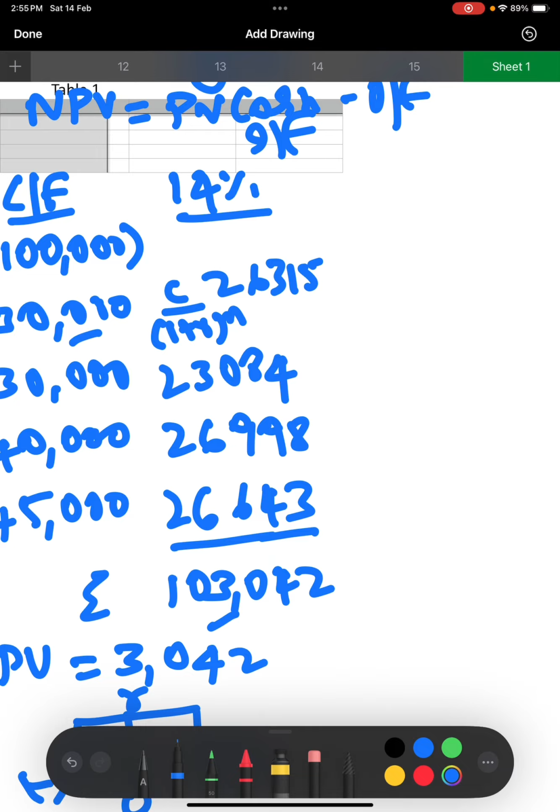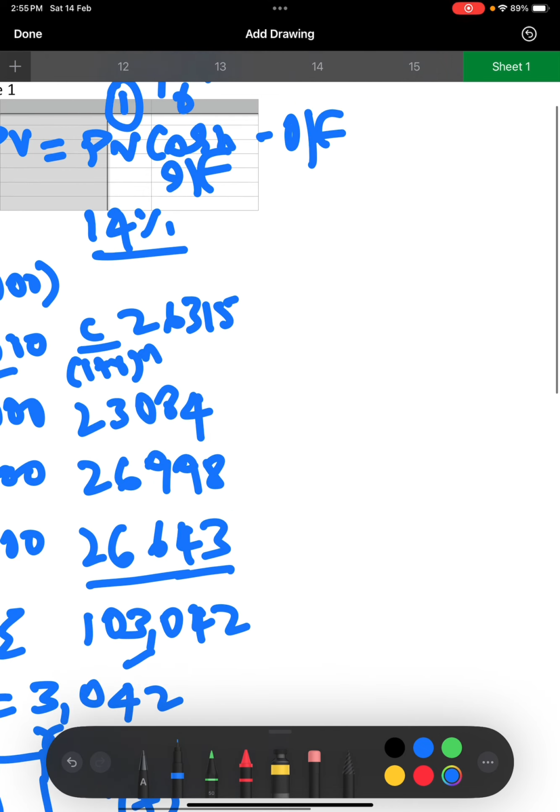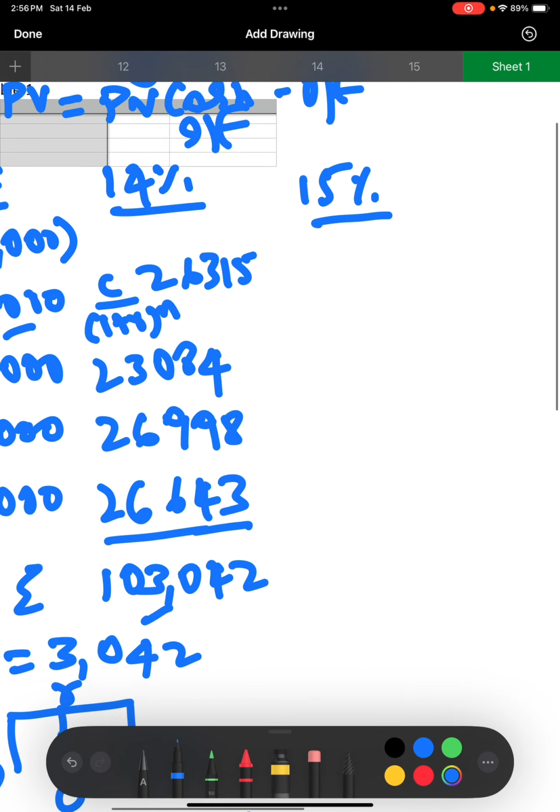Let's increase the R and see how much we are going to get. Okay, so it's clear that this is not close to 0. So let's take, for example, 15% and see what value we get. Follow the same step: C divided by (1 plus R) to the power of 1.